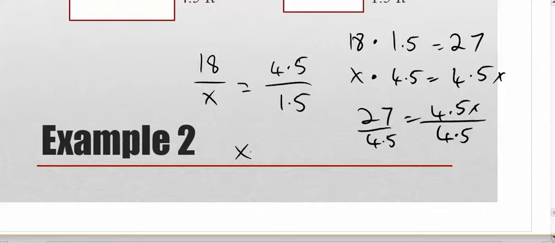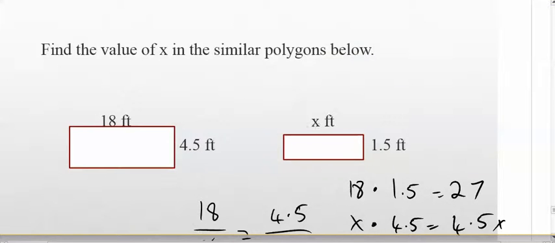So x equals 6. And once again, you just plug that in. So just cross that out and put 6 feet.